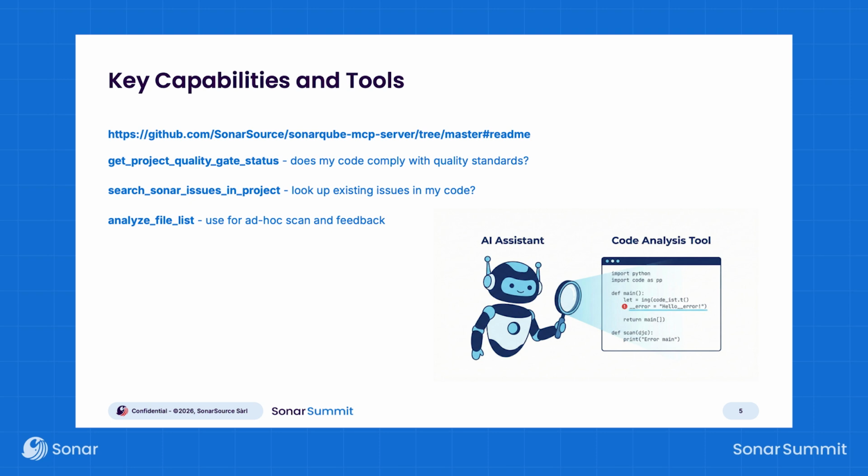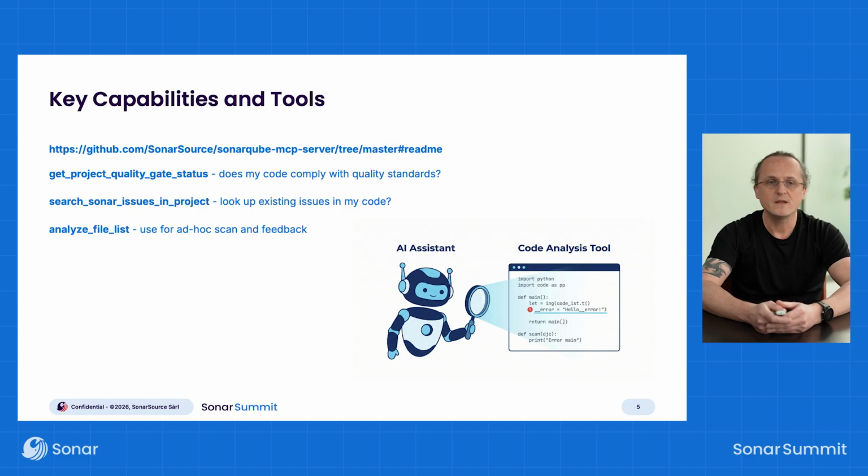Once you have your MCP server installed, the MCP server exposes some functionalities to the users. We call those tools in the MCP world, in the MCP protocol. The agent, the AI assistant, be it Claude Code, VS Code Copilot or Cursor, is able to understand what those key capabilities, what those tools actually mean.